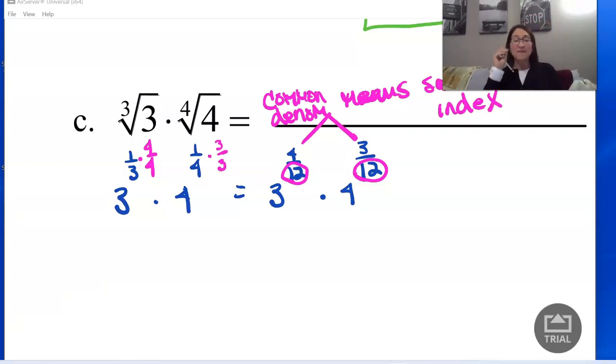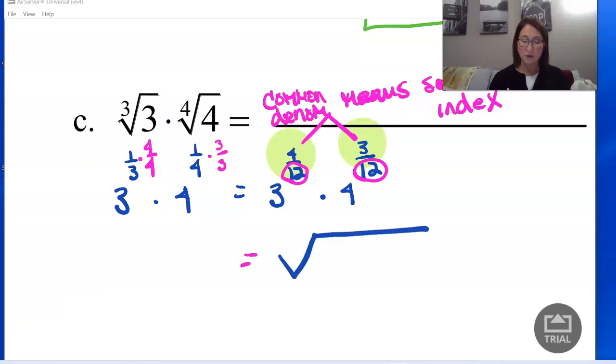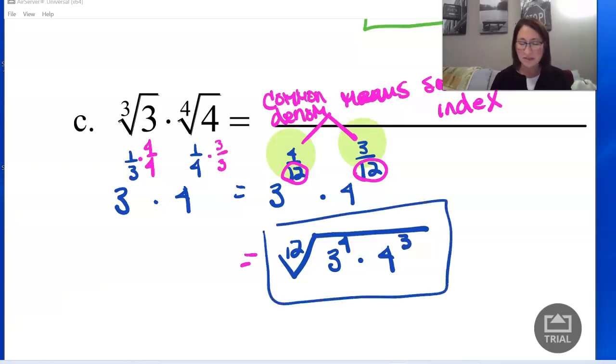So then that means that the 4 and the 3 are going to be exponents underneath that radical sign, and they have the same index. So I can create my radical here, put the 12 as my index, and then it's 3 to the 4th times 4 to the 3rd. Those are going to start to be crazy numbers. I'm just going to leave it like that.